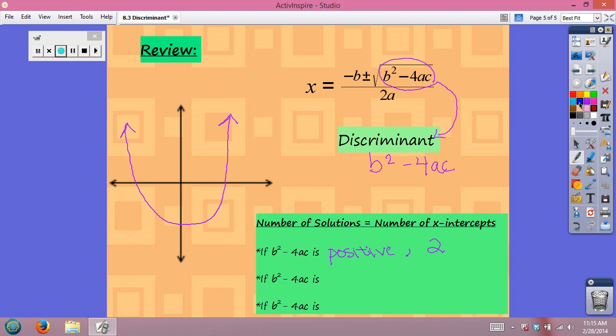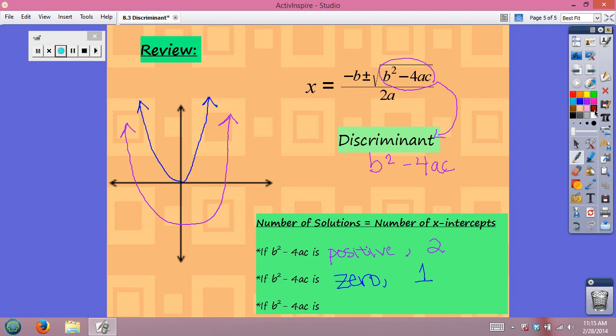If our discriminant is 0, we get one solution or one x-intercept. And remember, if our a is positive, we're going up. And if our solution is 0, we get one x-intercept, which looks like that.